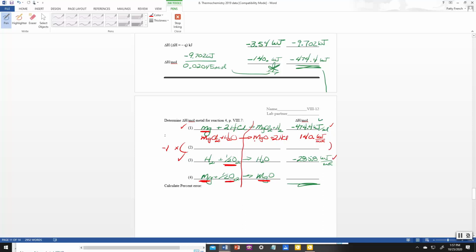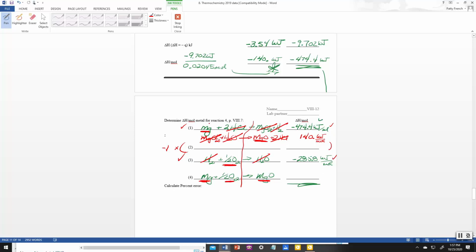So I have the magnesium oxide I want, I have the half oxygen, and I have the magnesium, so I have to make sure everything else cancels. The 2HCl cancel reactants and products. MgCl2 cancels products and reactants. H2 cancels. And water cancels.